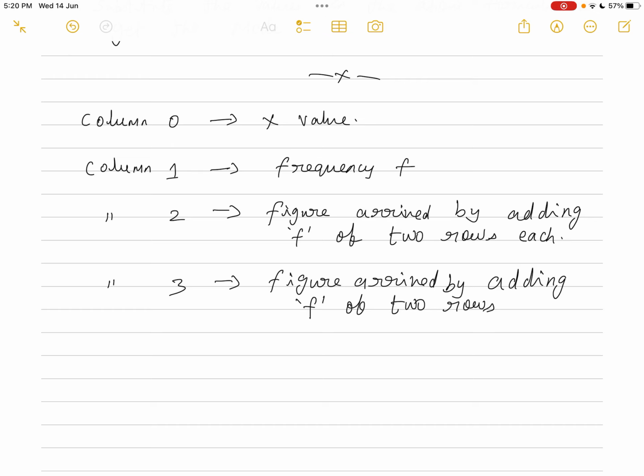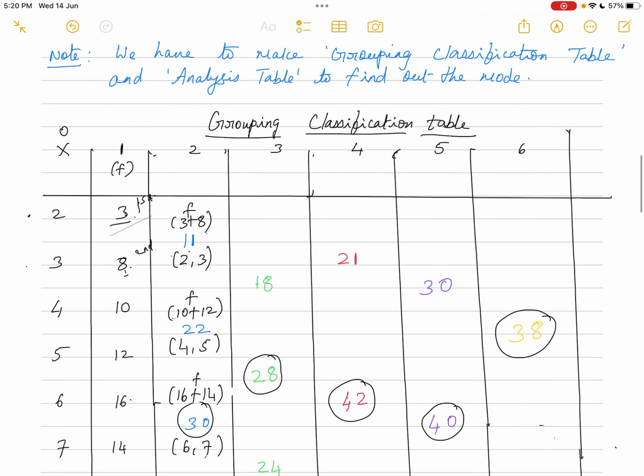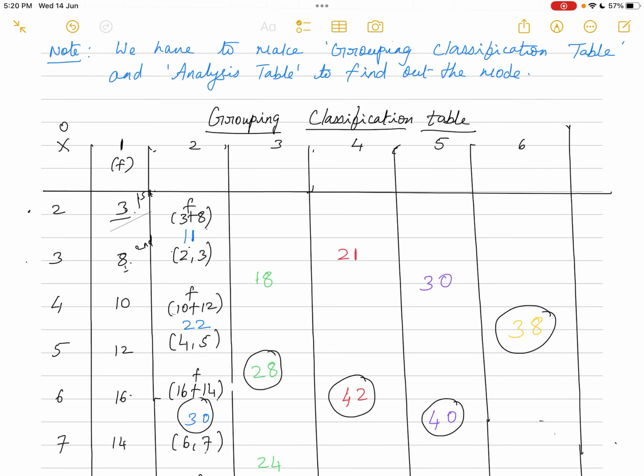That means the first row you should not take. All the remaining you have to keep on calculating the frequency of 2 rows each by leaving the first row. So please remember that. By leaving the first row you have to keep on adding 2 rows each.